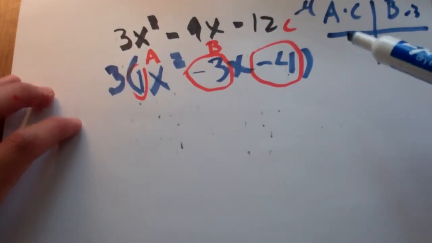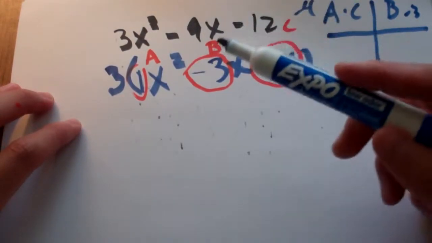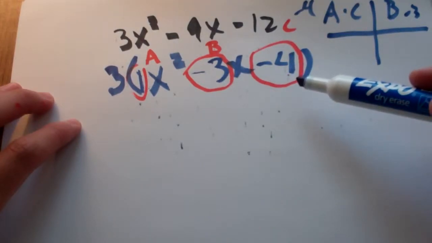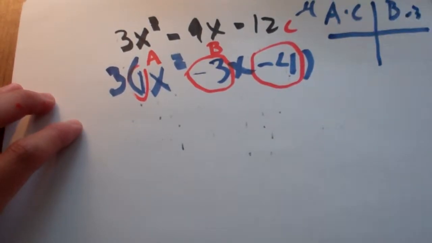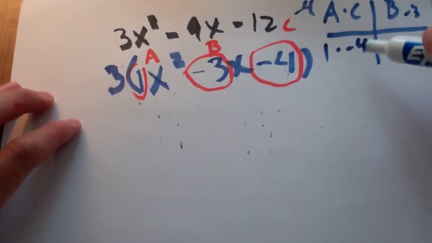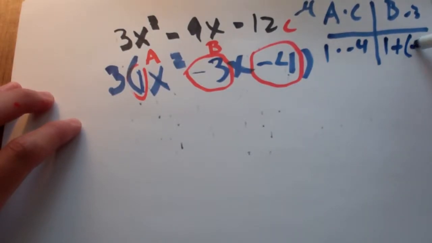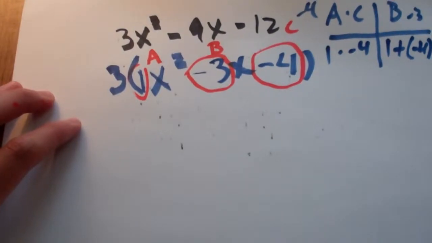Okay, so what two numbers can I multiply together that will give me a negative 4? Well, 1 times negative 4 will. Let's write that down, 1 times negative 4. Well, what about when I add them together? Well, 1 plus negative 4 gives me a negative 3. So it looks like I have my match, right?